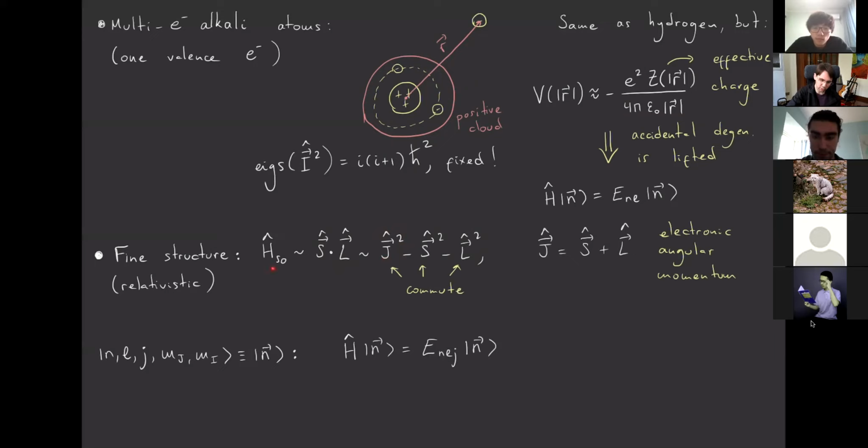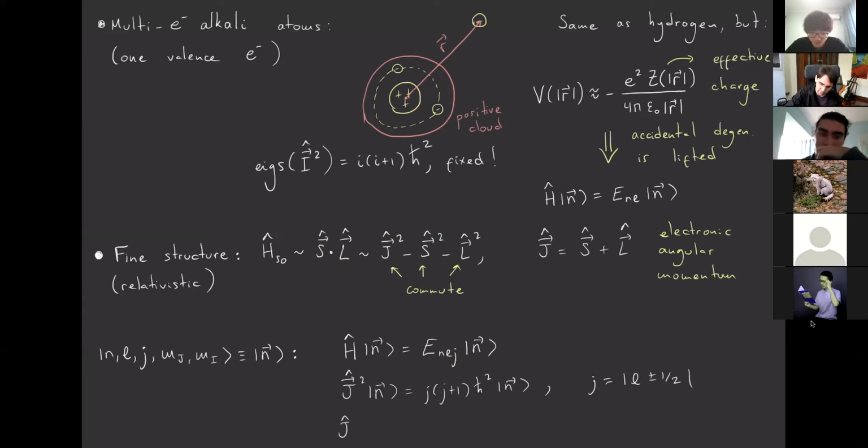So now the energy will depend also on the quantum number J, which is actually the quantum number associated to the square of the total electronic angular momentum. And which values can it take? So the ones allowed by the composition rules of angular momentum, which in this case are L plus minus 1/2. Okay? Because the spin of the electron is 1/2.